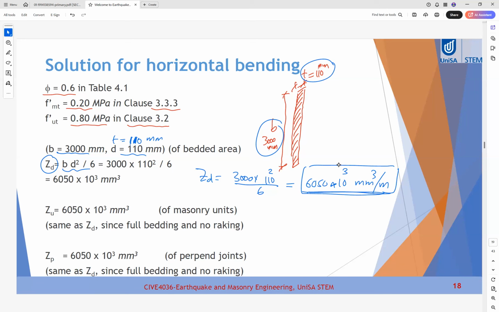Okay, ZU will be equal to ZD, equal to 60.50, because we have full bedding and no racking.